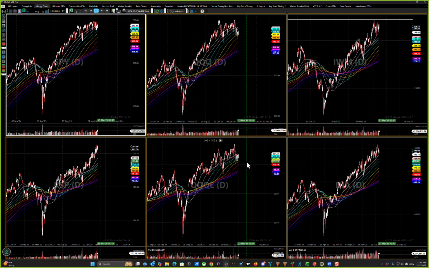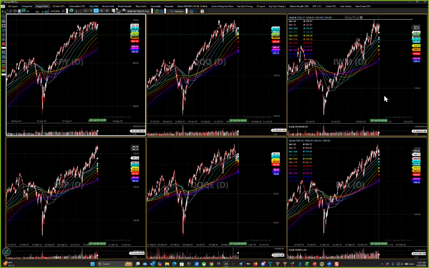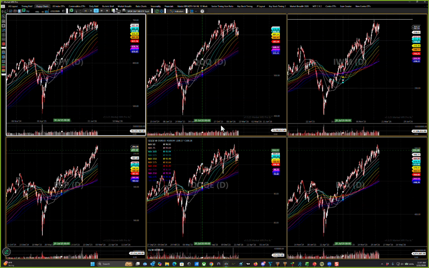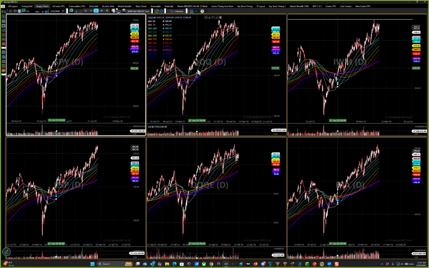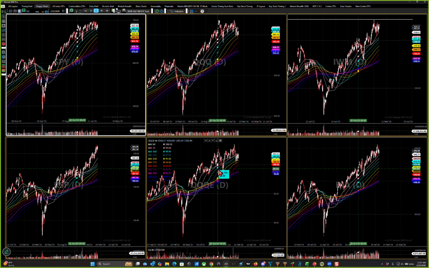The equal weighted Qs not, but it's still only 100 stocks, so I'm not sure the equal weights really are that different. And the Russell and the diamonds are fine. As long as we're doing well, I don't pay much attention on this one. It's really understanding how much damage control I need to be doing. And when you're below those moving averages, nothing good happens.